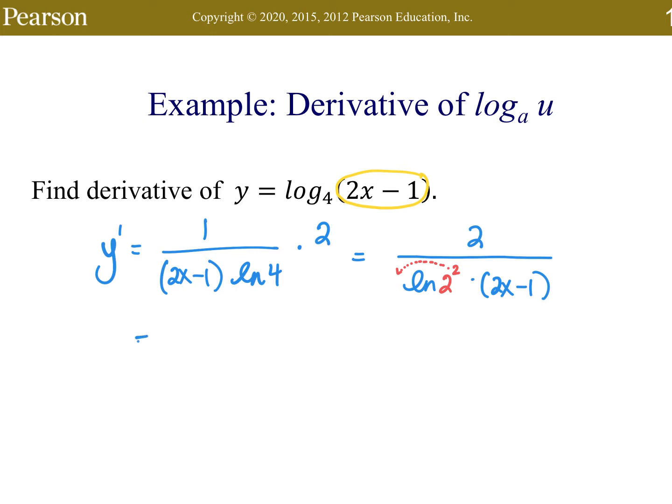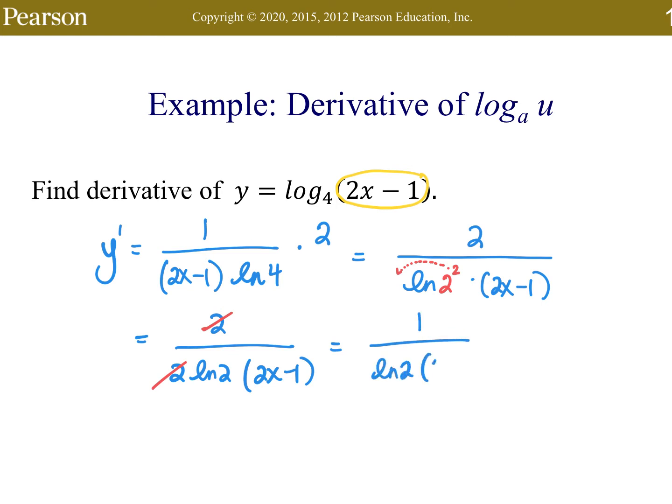So that's going to make my expression in the denominator have a 2 out front. So it'll be 2 ln 2 and then parentheses 2x minus 1. What that allows me to do is reduce my numerator and denominator. And so my numerator is now 1, and then I have the natural log of 2 times parentheses 2x minus 1. So the calculus was right away at the beginning, and then we are using our properties of algebra and our properties of logs to simplify.